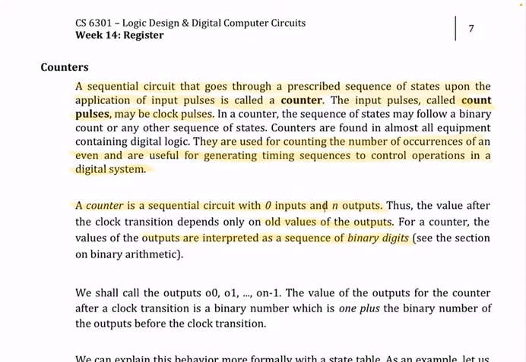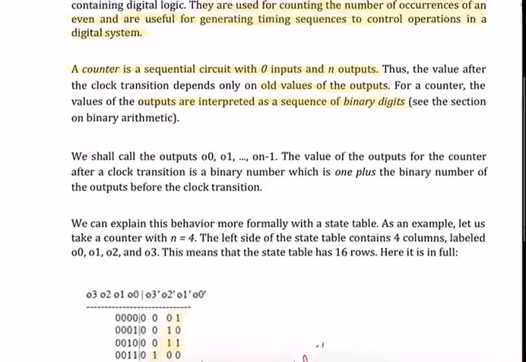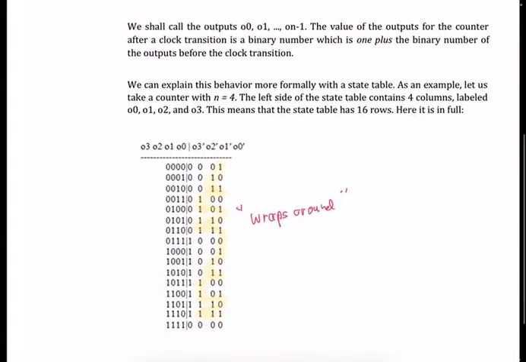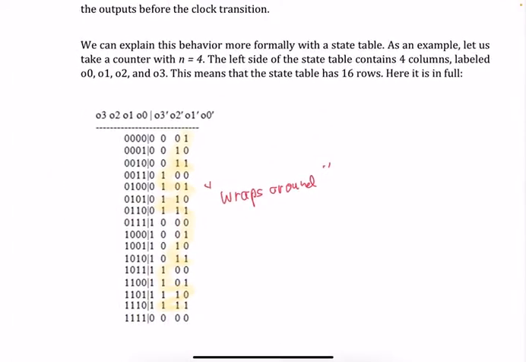And outputs pwedeng marami, ibig sabihin thus the value after the clock transition depends only on old values of the outputs. So yun lang kanyang input, old values of the outputs, and the outputs are interpreted as sequence of binary digits. So ito yung example ng isang counter.